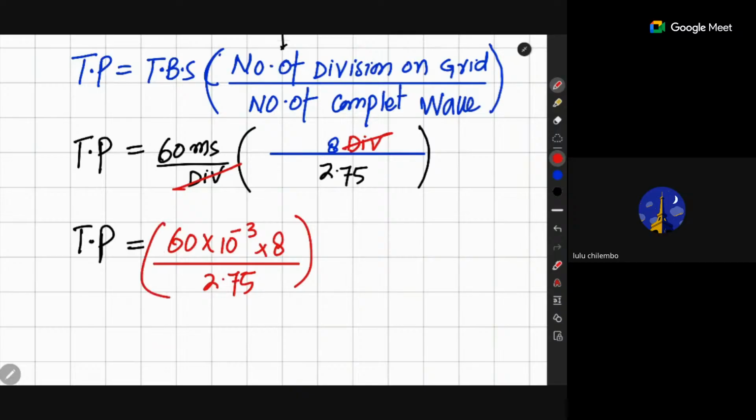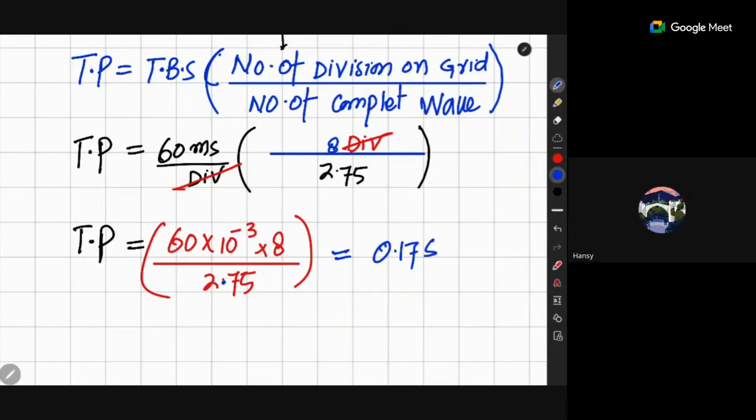Can anybody calculate this for me? Yes, Abdullah? Abdullah, are you there? Doing it, sir. Well done, hurry up. 0.17. How much did it come? 0.17 seconds.